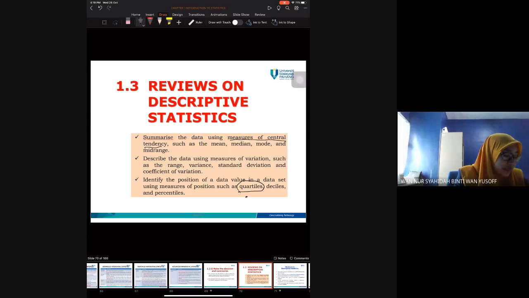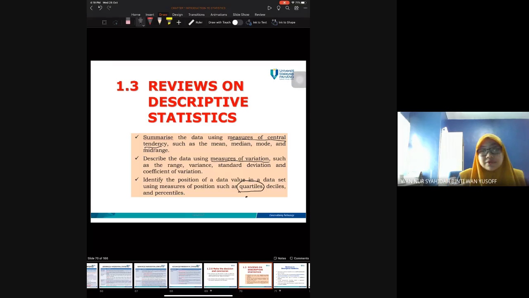And then we have measure of variation, the measure we use to discuss the variability of the data set. What is variability? Variability is the term we use to discuss the consistency of your data, how separate your data is.